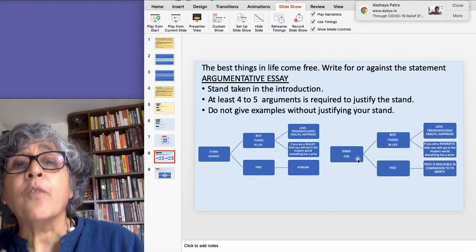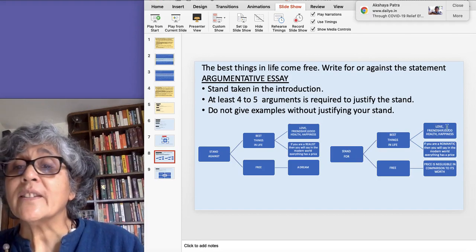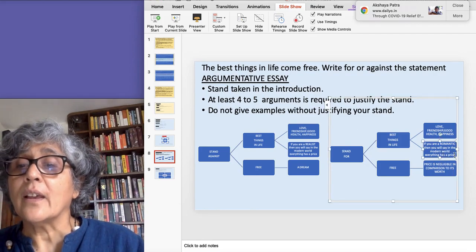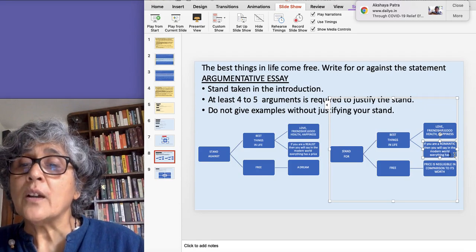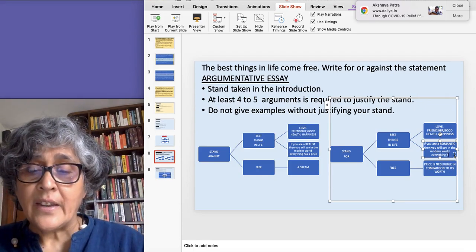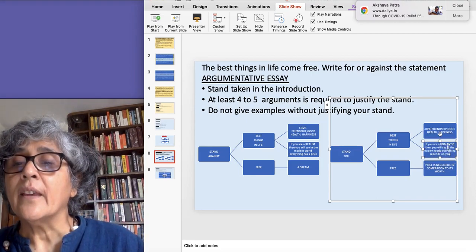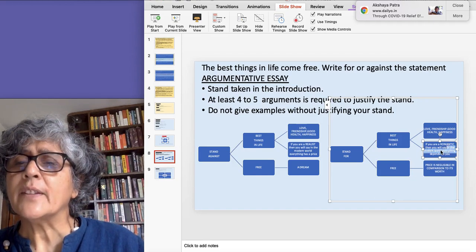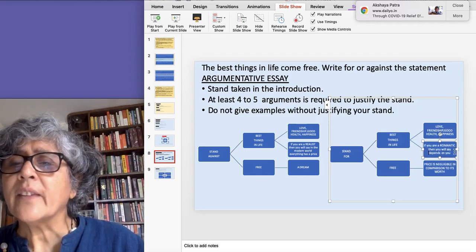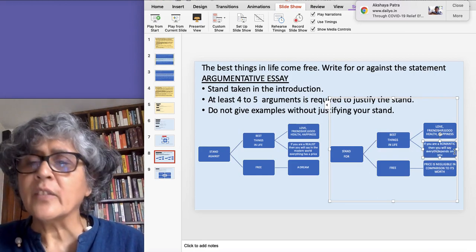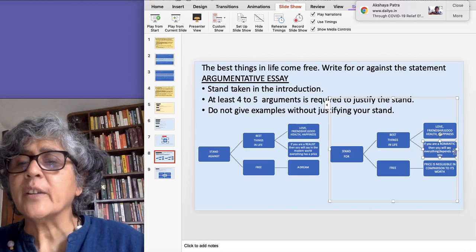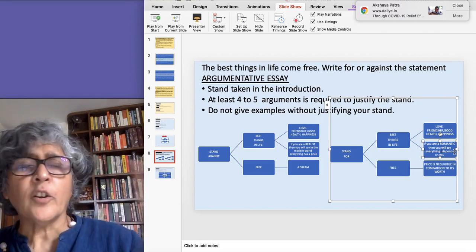But if you're taking a stand for it, again I'm using the same: love, friendship, good health, happiness. If you're a romantic, then you will say that in the modern world or otherwise, everything depends on you. I mean, you're a romantic.